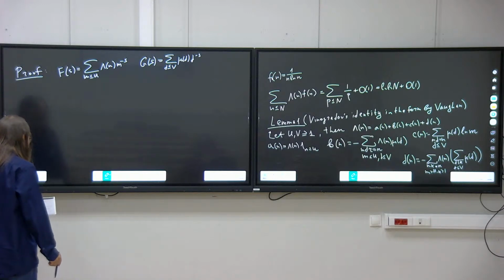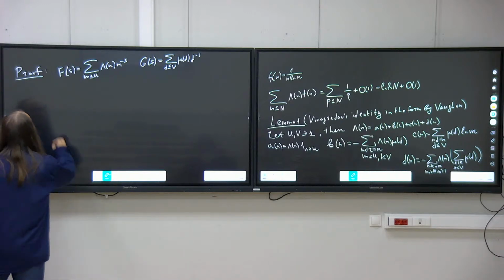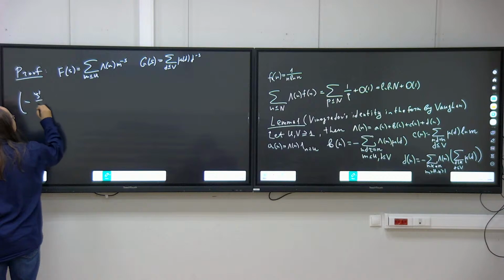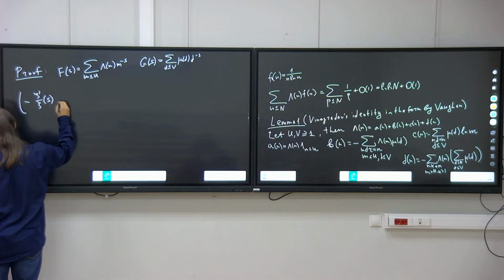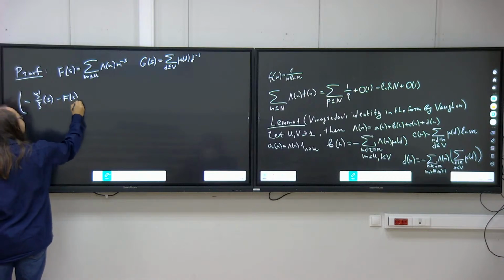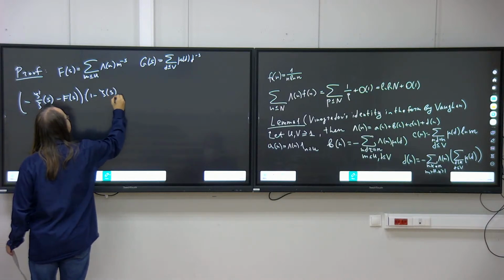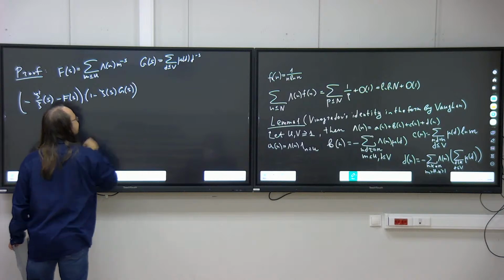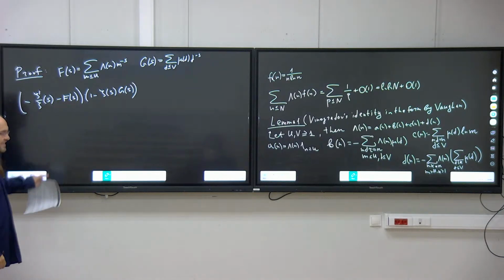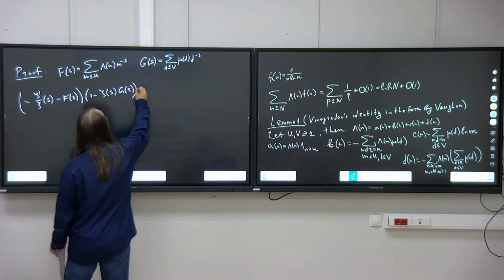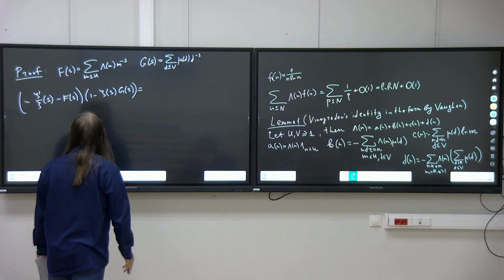Then we have the following obvious identity: minus zeta prime over zeta of s minus f of s, multiplied by 1 minus zeta of s g of s. Take this and then open up the brackets.